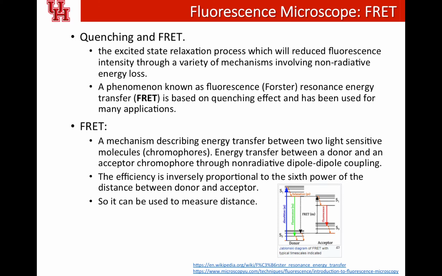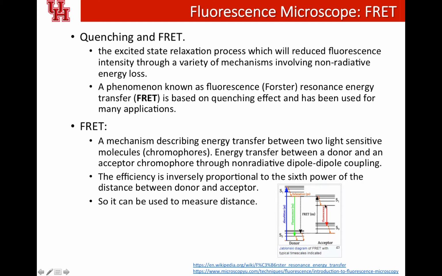When these two molecules get really close, FRET will happen. Basically you excite the first molecule, the donor molecule, and there's some relaxation. Because it's really close, the energy will transfer to the second fluorescent molecule, the acceptor, by the Förster resonance energy transfer effect.